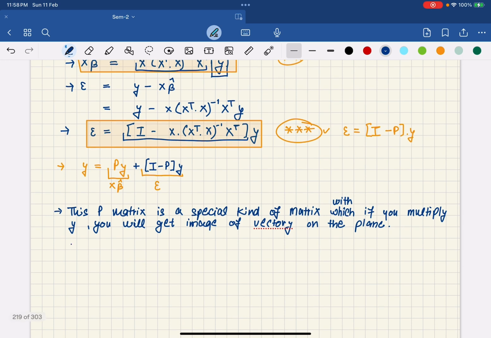Therefore we call this P matrix the projection matrix.